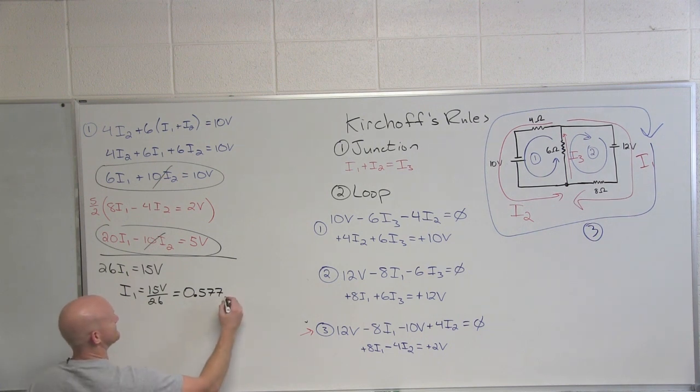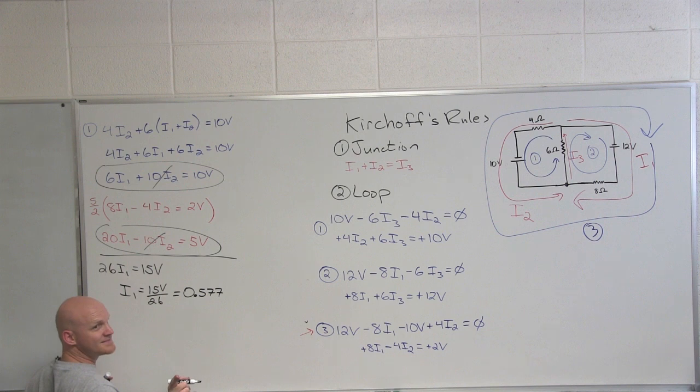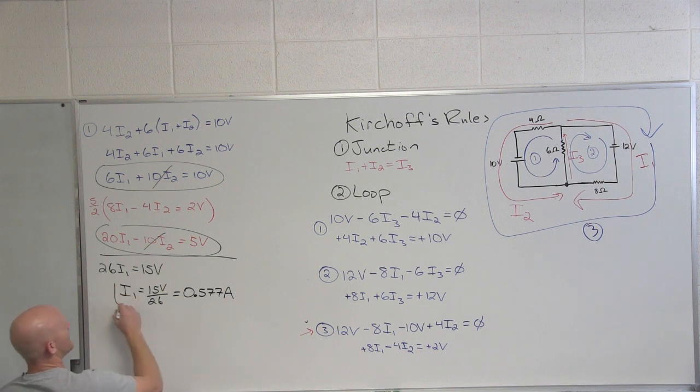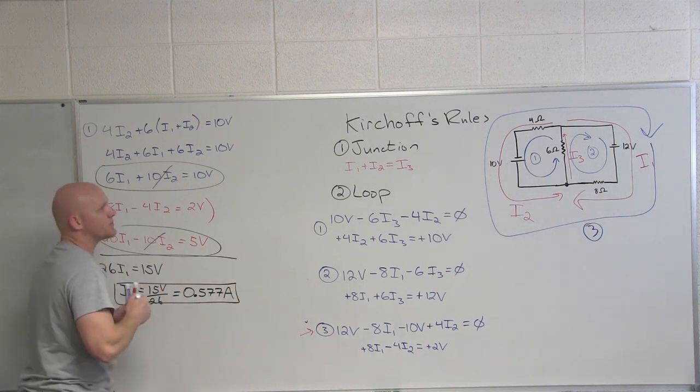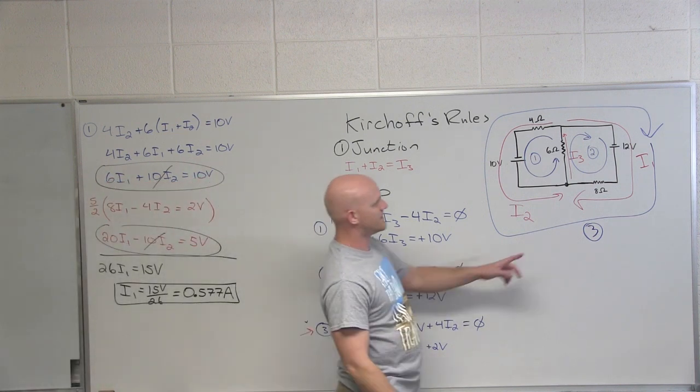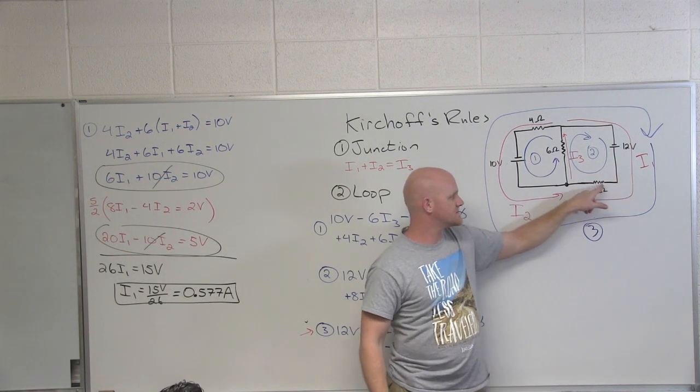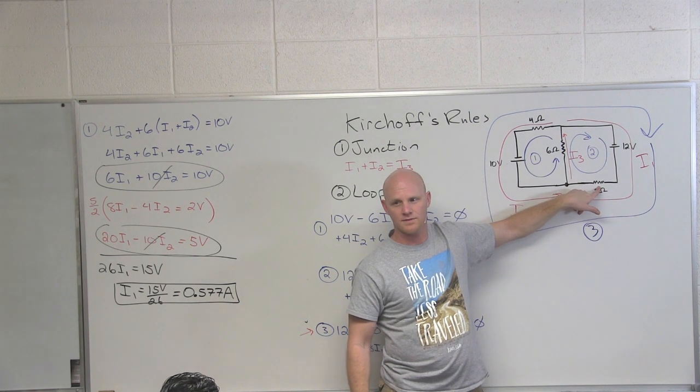Is that coulombs? It's coulombs per second, which is the same thing as an amp. Awesome. Cool. There's I1. That's one of our answers. If you notice, the question was how much current is flowing through each of the resistors? And we just figured out that through the 8 ohm resistor, it's 0.577 amps.